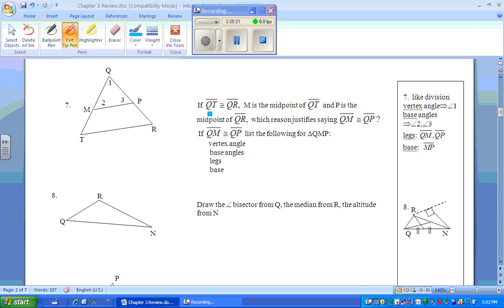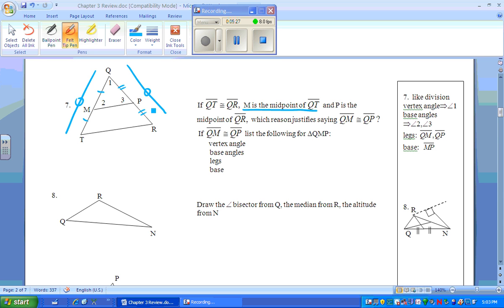Question 7. QT is congruent to QR. So this big piece is congruent to here. Then we have M is the midpoint. So the midpoint is here and here. P is the midpoint here. Now think about it. The hint I gave you is that when you see two midpoint pieces, you should think of two ideas. What are those two ideas? Like multiples and like divisions.